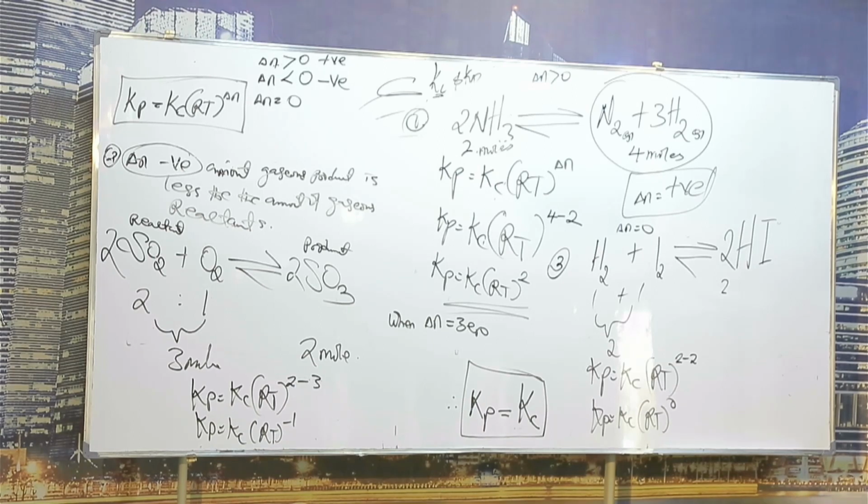Even if you don't know it all, stop at this one and they will give you your mark. Kc is concentration of the product over concentration of the reactant. But to be professional, each is raised to its stoichiometric coefficient at a given temperature.